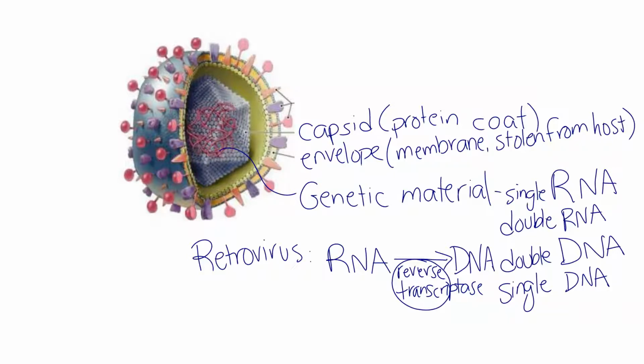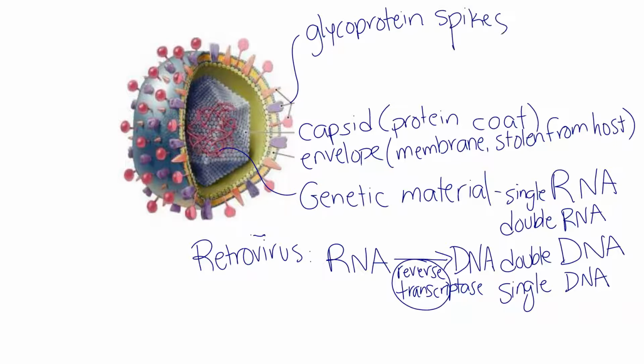In the envelope, or attached to the envelope and sometimes attached to the capsid, there are glycoprotein spikes. And if we look at this word glycoprotein, glyco just means sugar. So these are protein sugar complexes. I'm not sure why my pen isn't writing. Okay.